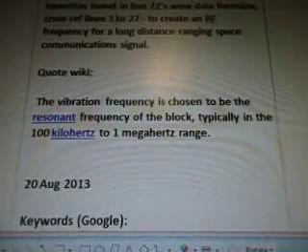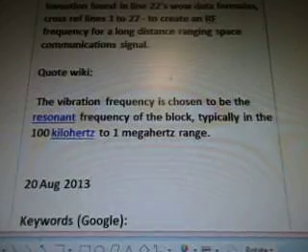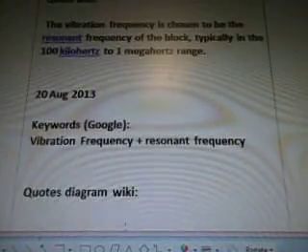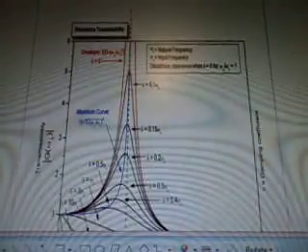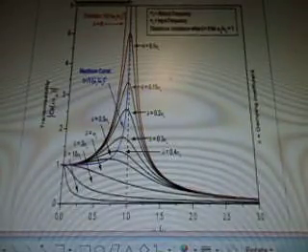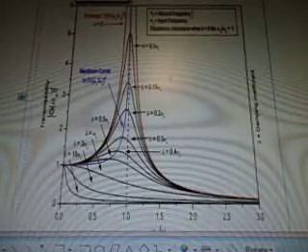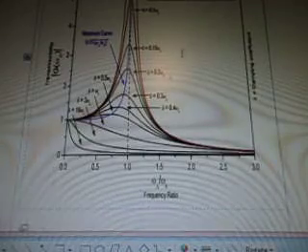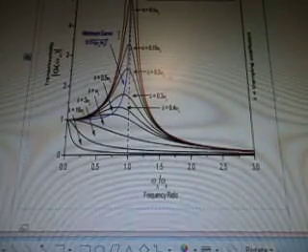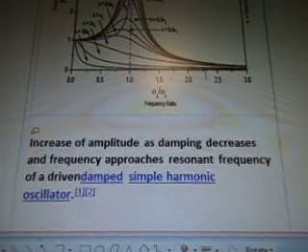So, quote from Wiki: the vibration frequency is chosen to be the resonant frequency of the block, typically in the 100 kHz to 1 MHz range. So the keywords I'm going to Google is vibration frequency plus resonant frequency. Quotes and diagrams are from Wiki. This is a resonance transmissibility envelope, natural frequency, input frequency, disasters, resonance when, I don't know, it's got all these values, maximum curve, transmissibility, and the frequency ratio.